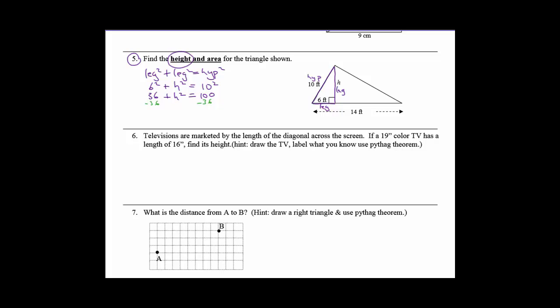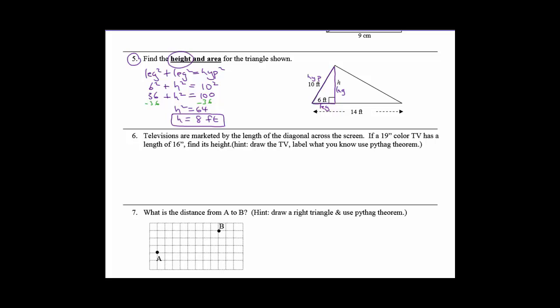That's going to give me h squared equals 64. And then h will be whatever the square root of 64 is, which is, 64 is a perfect square, so I don't need my calculator to do that one. I know that h is 8, and the units are feet. So that tells me the height is 8 feet. So that's part of the answer.